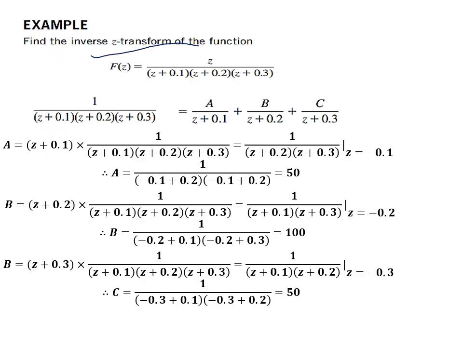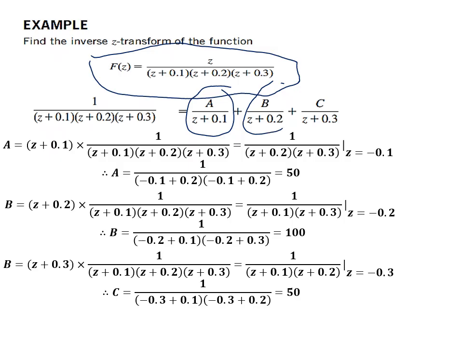Another example: find the inverse z transform of f of z equals z divided by z plus 0.1 times z plus 0.2 times z plus 0.3. We have three partial fractions: a divided by z plus 0.1, b divided by z plus 0.2, and c divided by z plus 0.3.